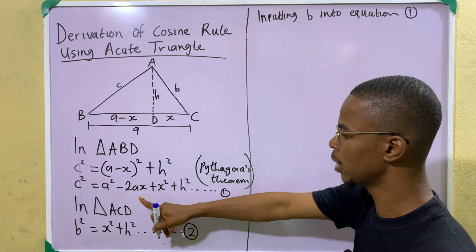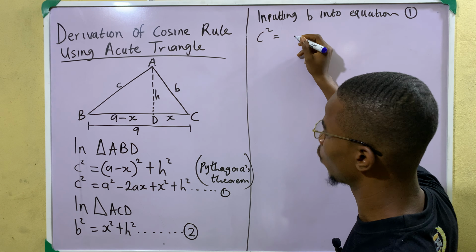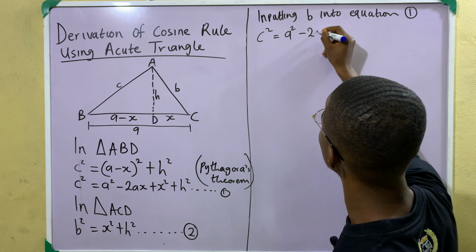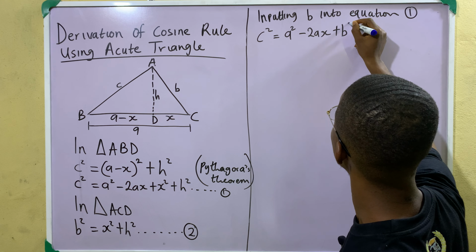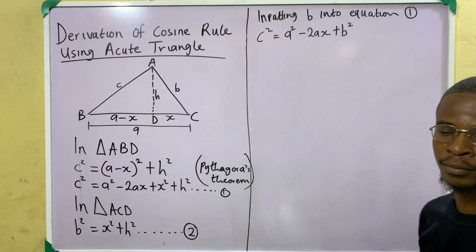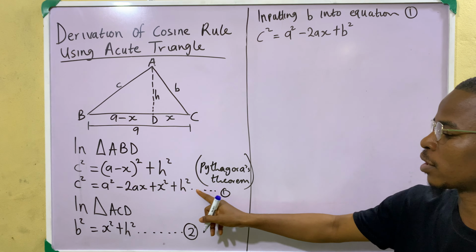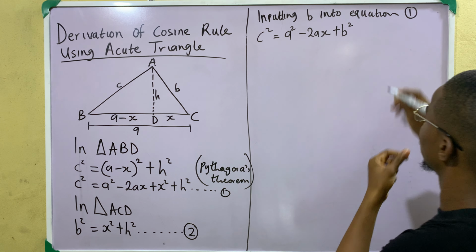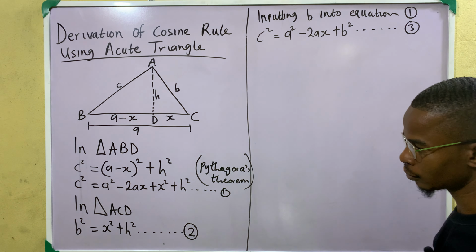That will make equation 1 become c square equal to a square minus 2aX plus b square. Is that understood? In place of X square plus H square, we are putting b square. Let's call this equation 3.